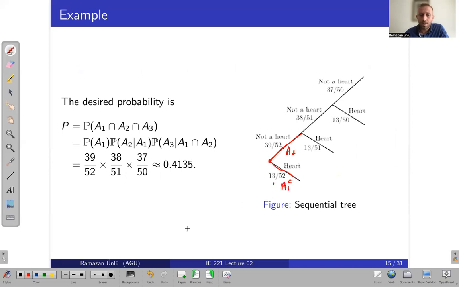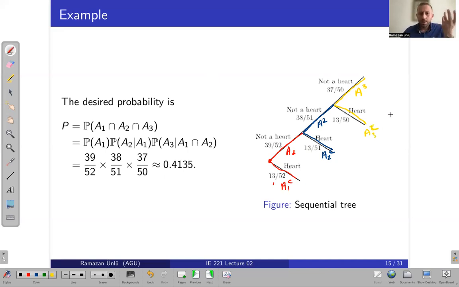Let me change the color. Let's say this part is A2, and this part is A2 complement. And let's change the color again. This part is A3, and this is A3 complement, right?